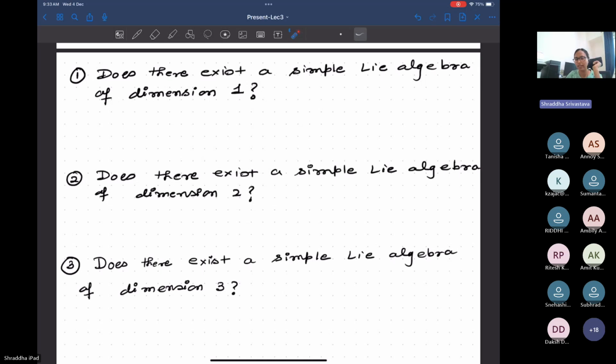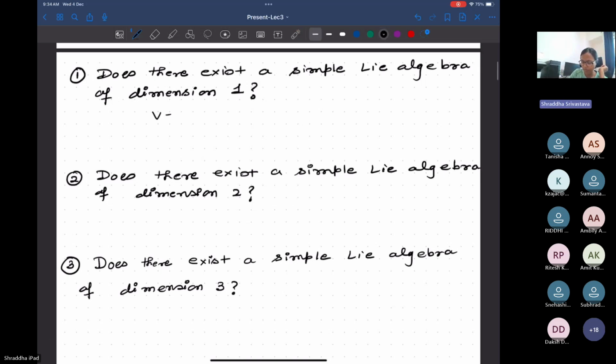You can take any vector space, and then what can you say about the commutator? If it is one-dimensional, then what has to be the commutator? Can it be anything, or does it have to be something very specific?